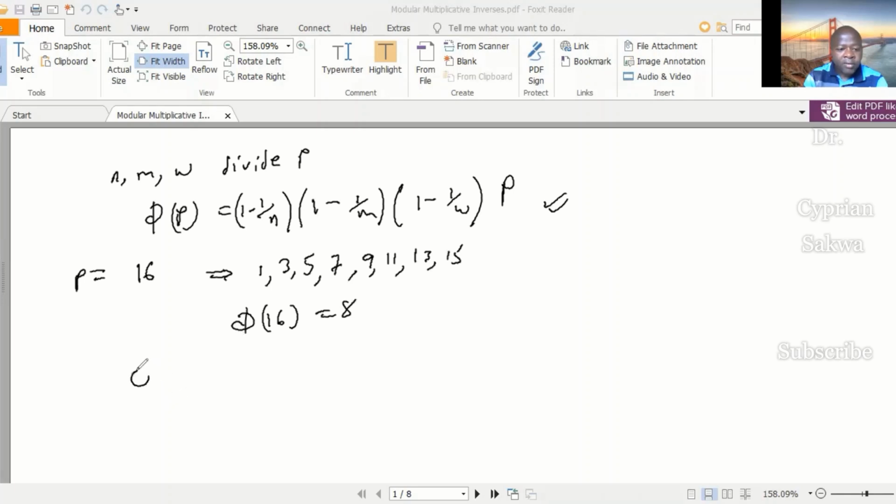And therefore, the Euler phi of 16 will be 1 minus a half multiplied by 16, which is 8. So this is how I get it if p is not prime.